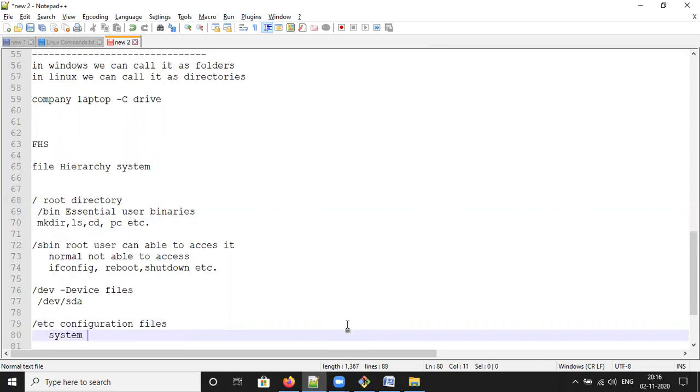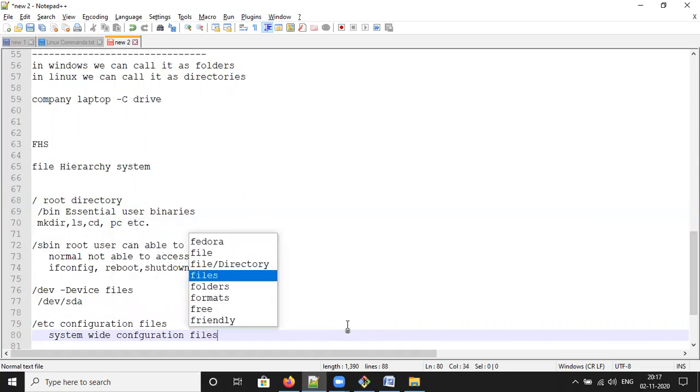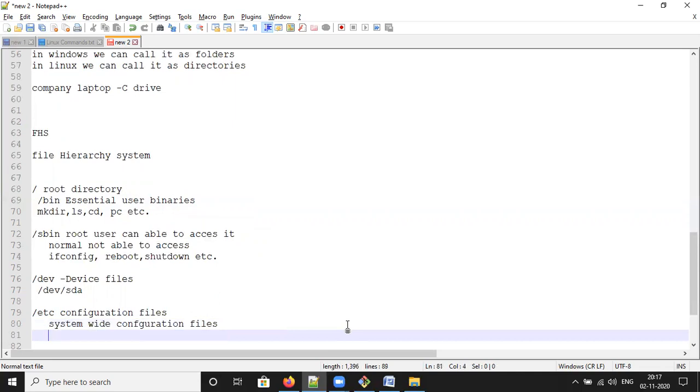Users store their configuration files in their home directory. All those configurations are stored in the user's home directory, not globally. That means /etc holds the system-wide configuration.